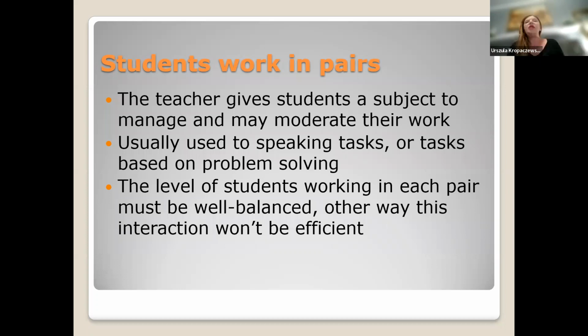Maybe some people will be interested more but still it's good to change the topics, and students should know the vocabulary and the structures they can use while talking about different topics. So when you tell them that it is good to have the range of vocabulary and grammar structures they can use while talking about different topics, it's good.